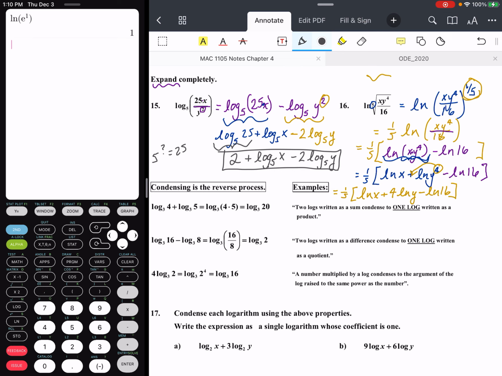And I'm going to scoot down here because I'm out of room. Then final step is I'll go ahead and distribute that 1/5 to all three terms. So this equals 1/5 ln x plus 4 times 1/5 is 4/5 ln y minus 1/5 ln 16. Isn't that pretty? The end.